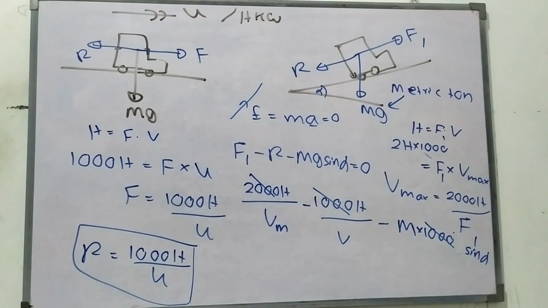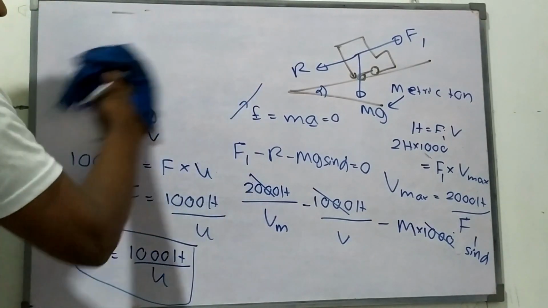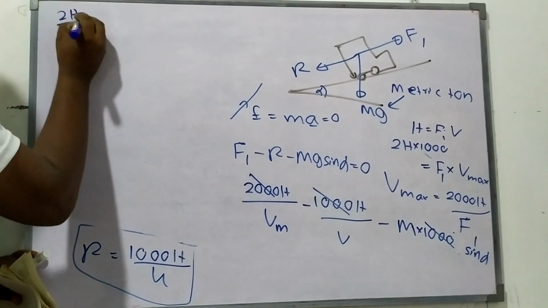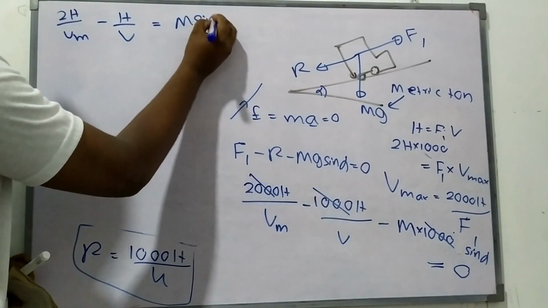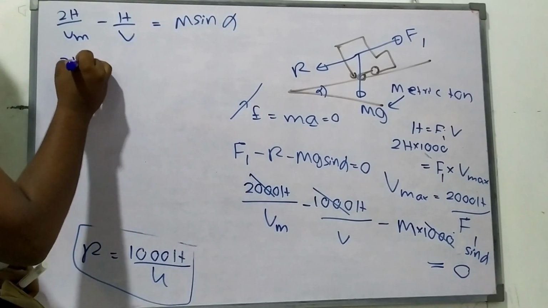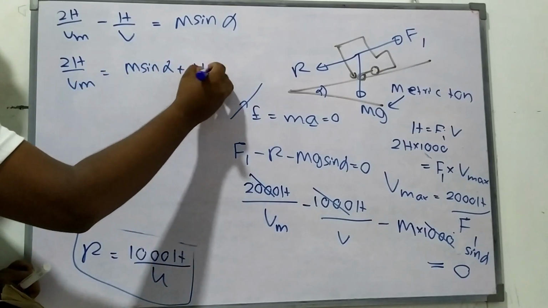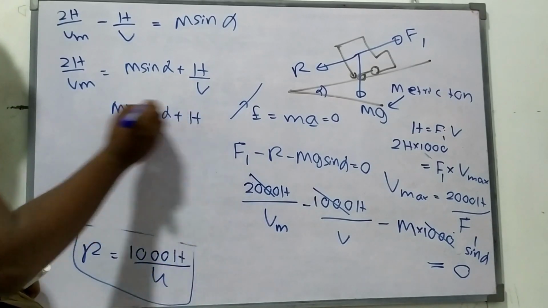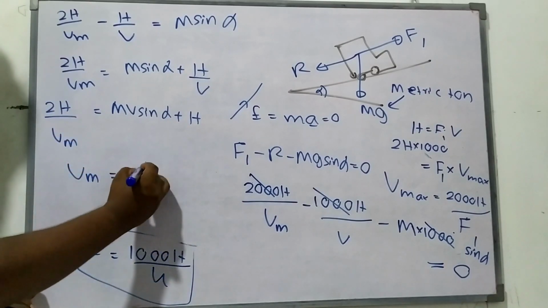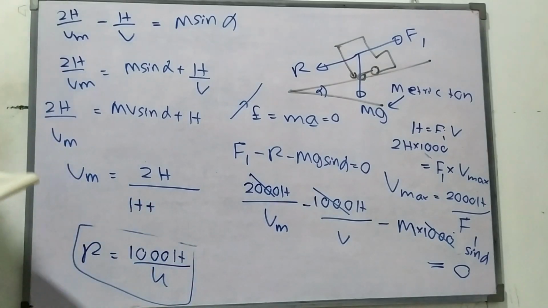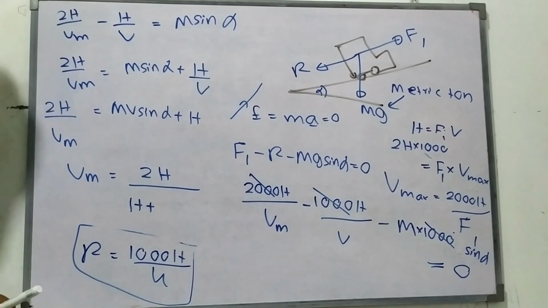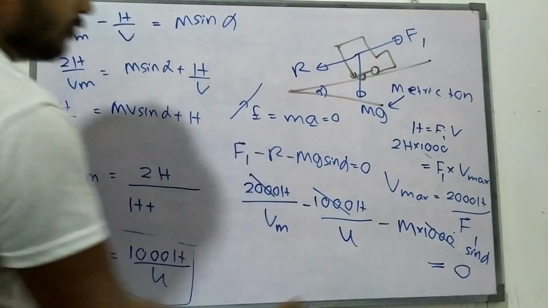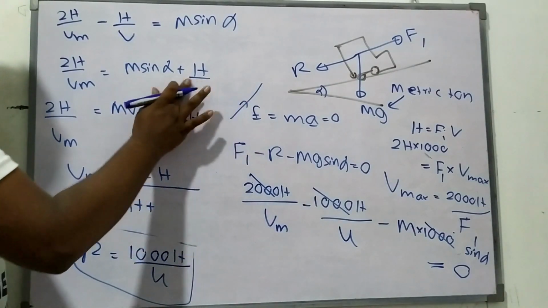So now we can substitute Vm. 2h over Vm equals h over u plus m sin alpha.